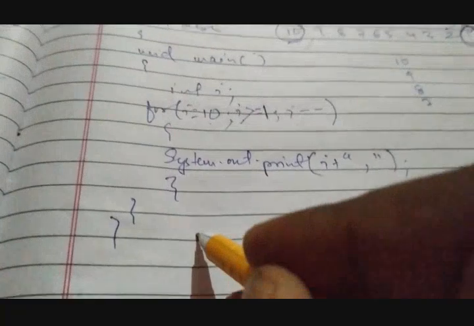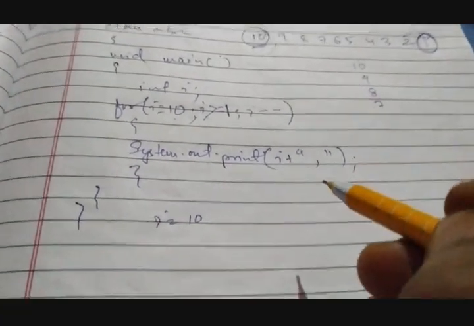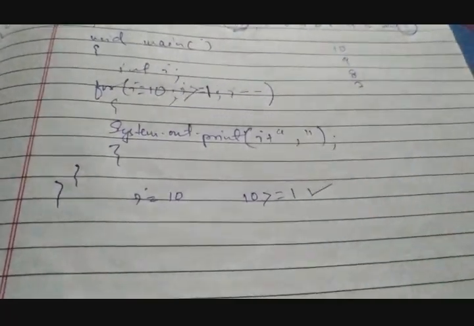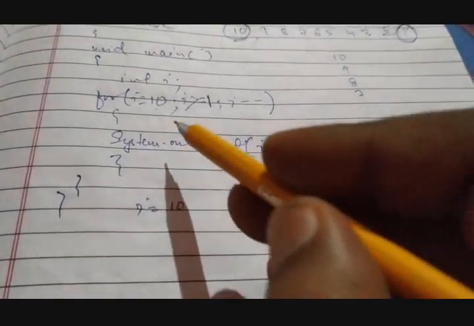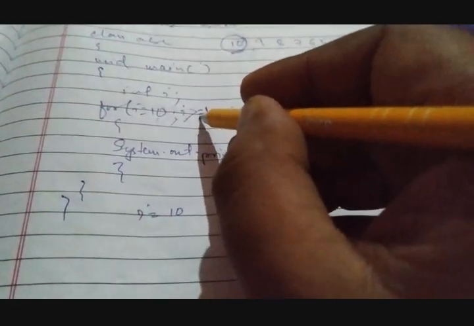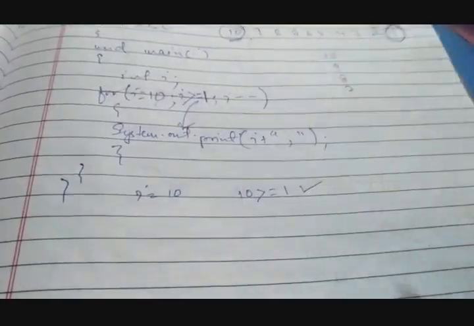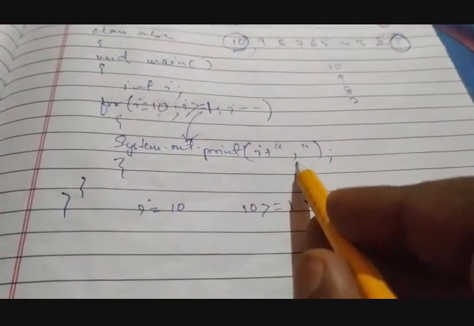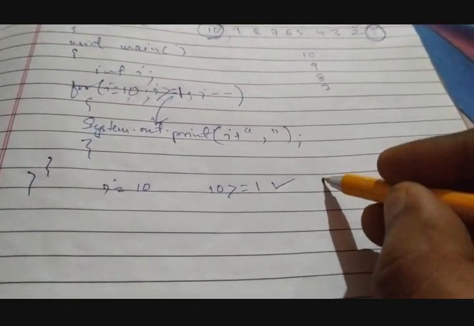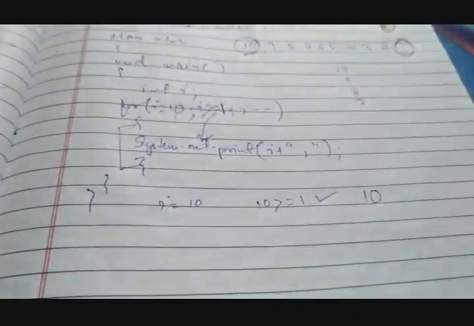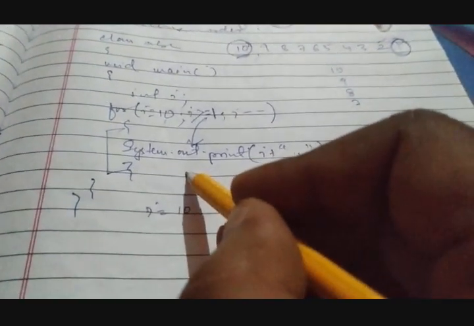Now what happens here? My loop starts with 10. Now 10 is greater than 1 and the condition becomes true. It enters into the loop, the loop gets executed, and prints 10. This is the end of the loop, nothing is there below this statement.